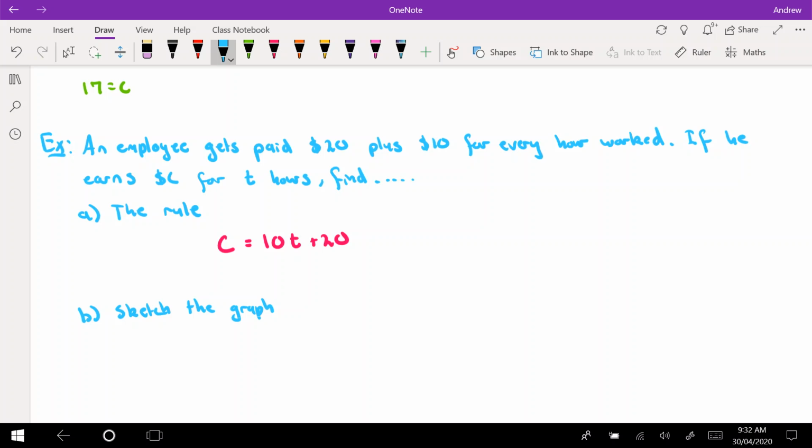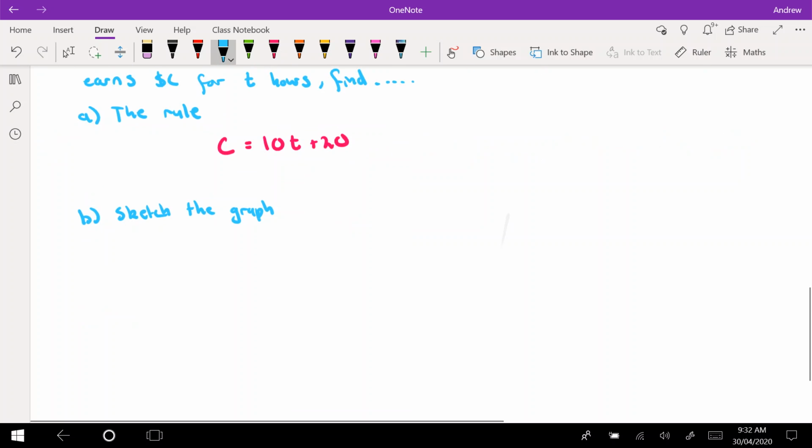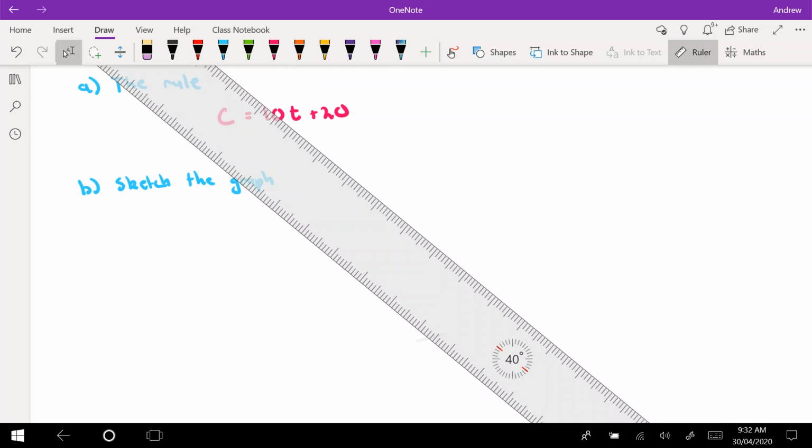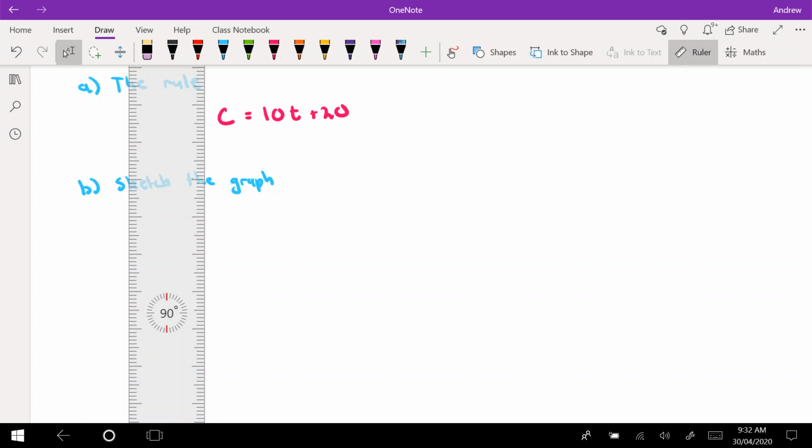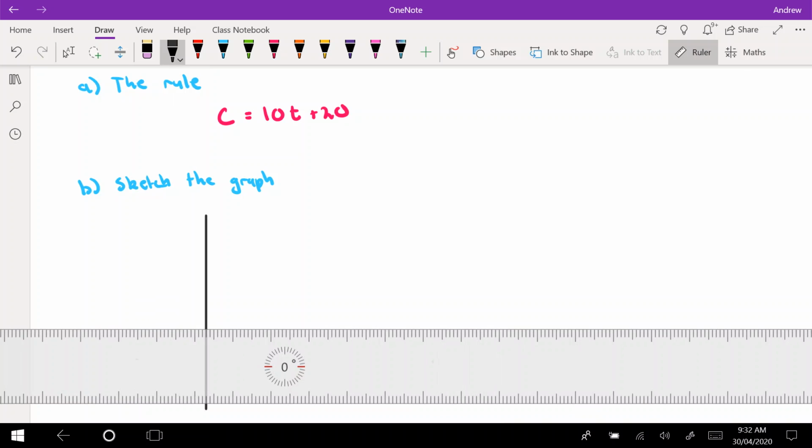We want to try and sketch the graph for this rule, okay? So we're going to draw a very, very rough sketch. Doesn't have to be amazing.